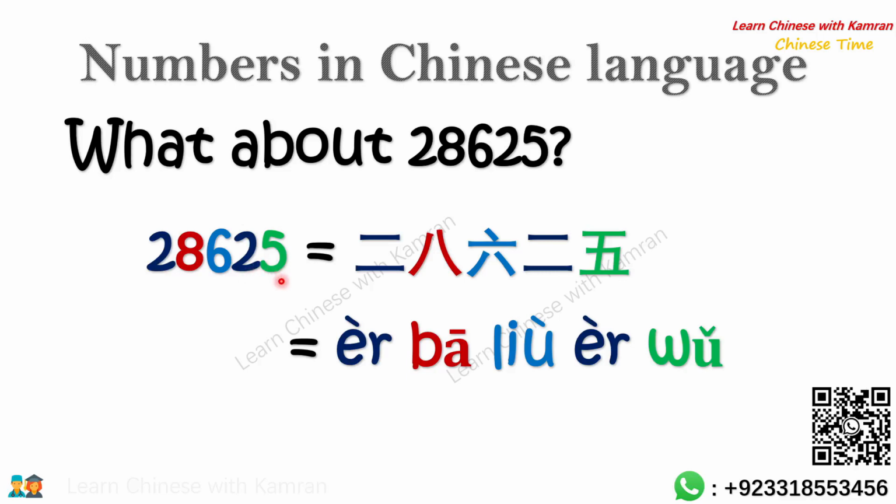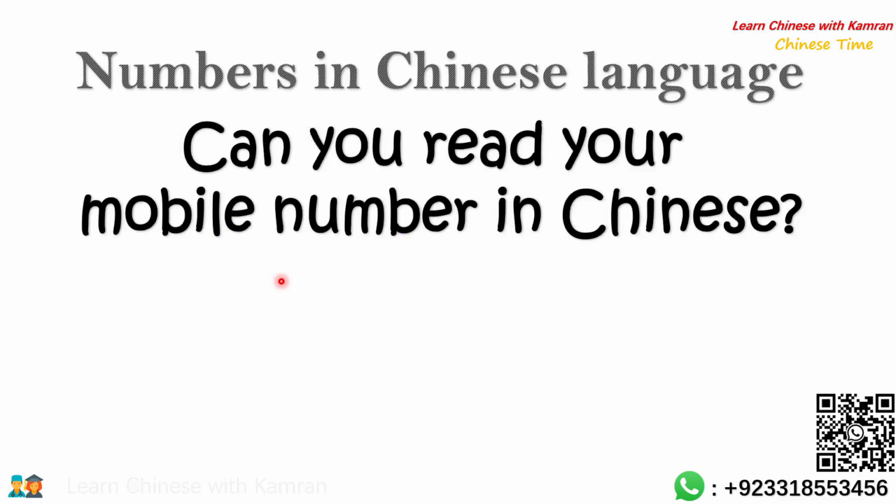So that's very easy. Can you read your mobile number in Chinese? Let's say we have this mobile number, 331-855-3456. Whatever your mobile number is, if you know 1 to 10, you can read it. It is very easy. 3, 3, 1, 8, 5, 5, 3, 4, 5, 6.